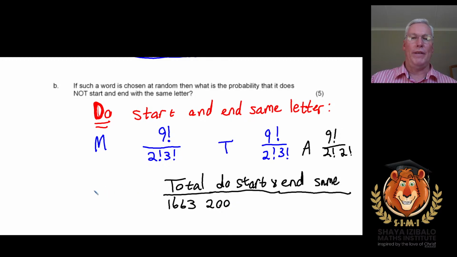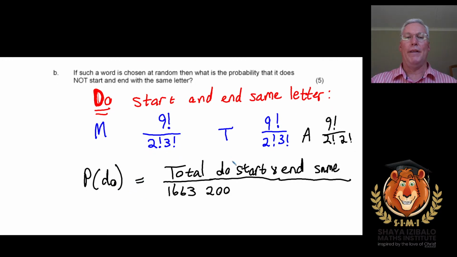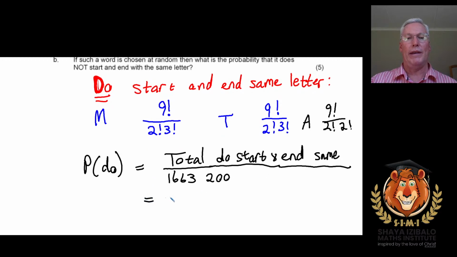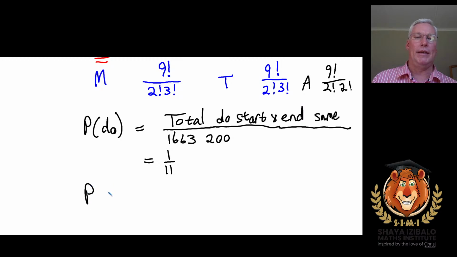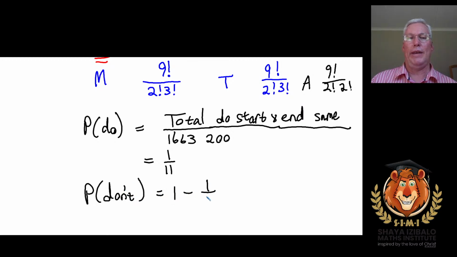That will give us the probability that they start and end with the same letter, and this actually comes out to 1 in 11. And this is the idea of the complement: the probability that they don't start and end with the same letter is 1 minus an 11th, or just 10 11ths.